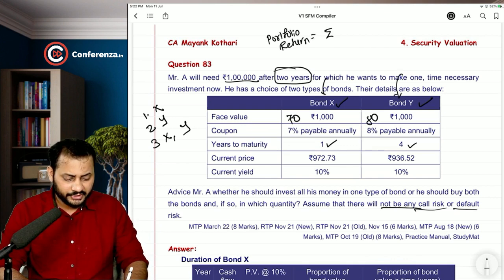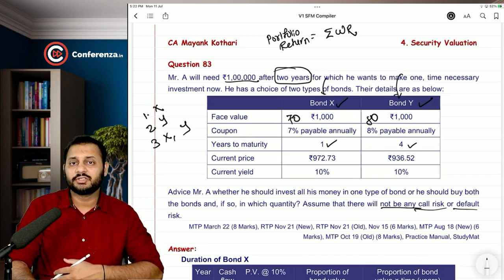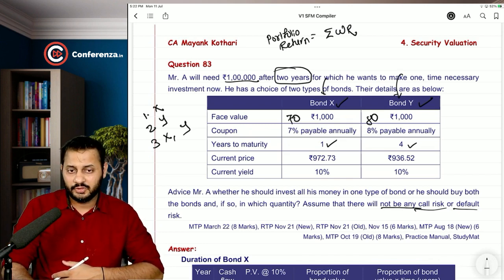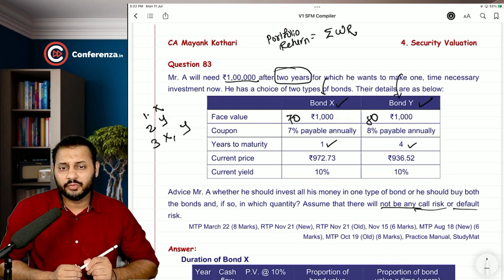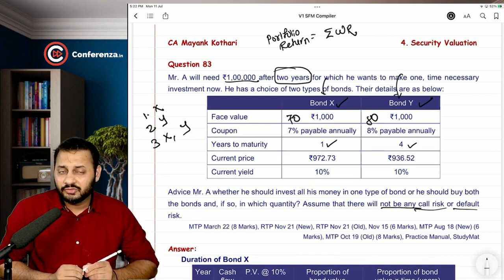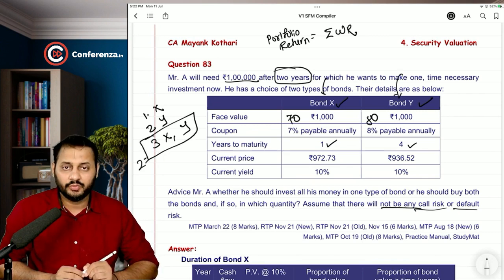It was summation of weight into return. So you calculated the weighted average. In this question also, you are going to calculate the weighted average duration of your portfolio, and it should come to 2.